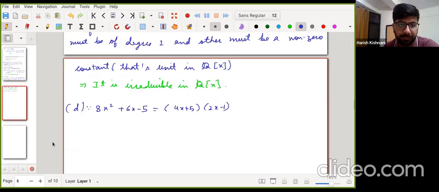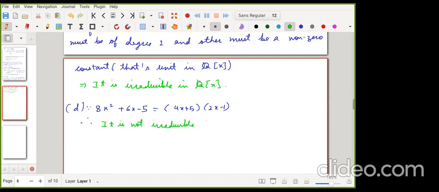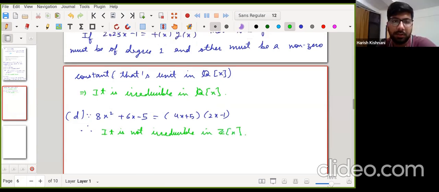Therefore, it is not irreducible in Z[x].